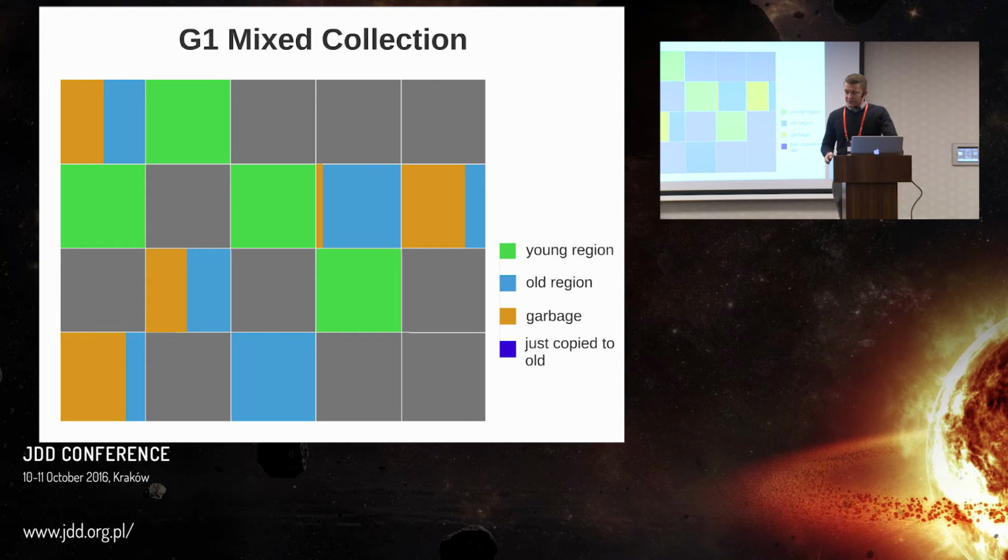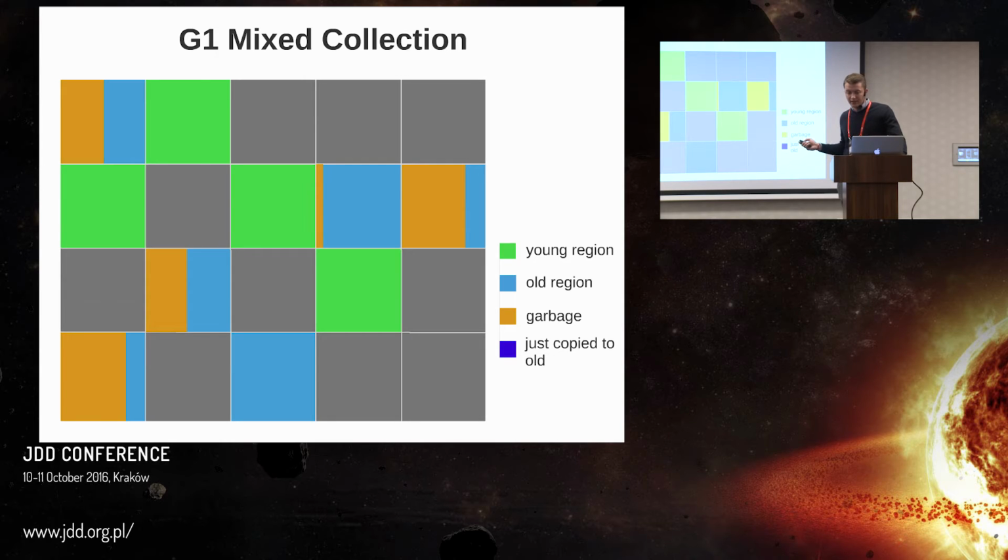After the marking phase is done, once the young generation is filled, so we have no more space in Eden, and G1 is supposed to perform a young collection, it will realize that by the marking phase, some regions were added to a collection set. So instead of doing a young collection, it will perform a mixed collection.